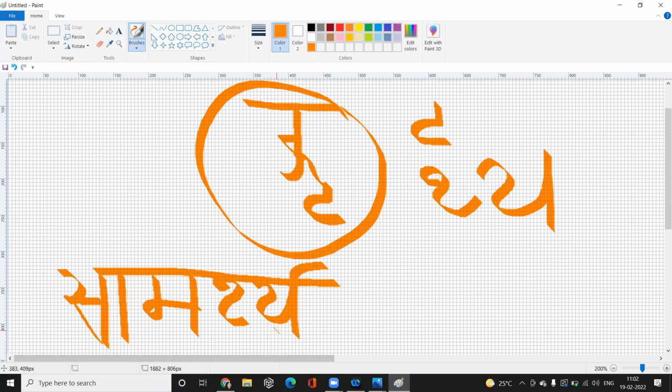Now try to read this word here. If someone not knowing Sanskrit grammar would probably read it, sa, ma, tha, and then ya, ra. Little difficult since the ra is coming here. And if you see here, it is very easy to read. If we have sa in the beginning, sa, and then ma, it's very easy to read that way.